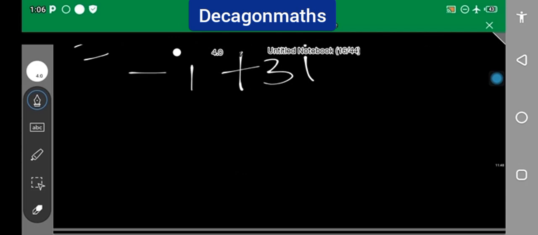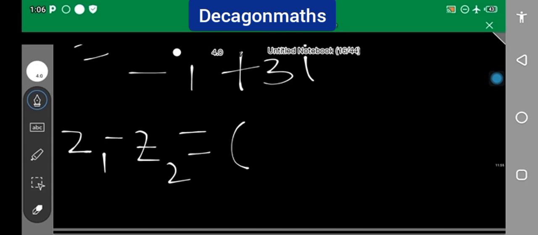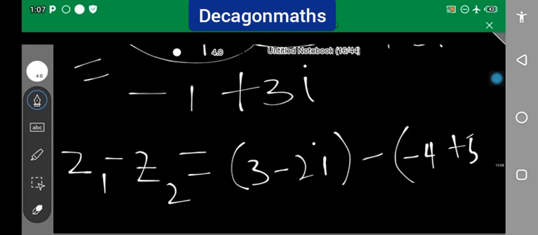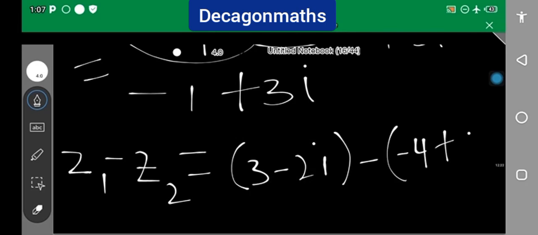And then we obtain Z1 minus Z2, which equals Z1, which is 3 minus 2i, minus what Z2 is, which is minus 4 plus 5i. Now minus, that is minus 4 plus 5i.